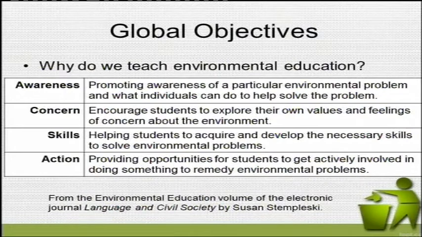Skills: helping students to acquire and develop the necessary skills to solve environmental problems. And the last one, action: providing opportunities for students to get actively involved in doing something to remedy environmental problems. There is no use talking about it if there is no action. So we always want to lead our students into action.